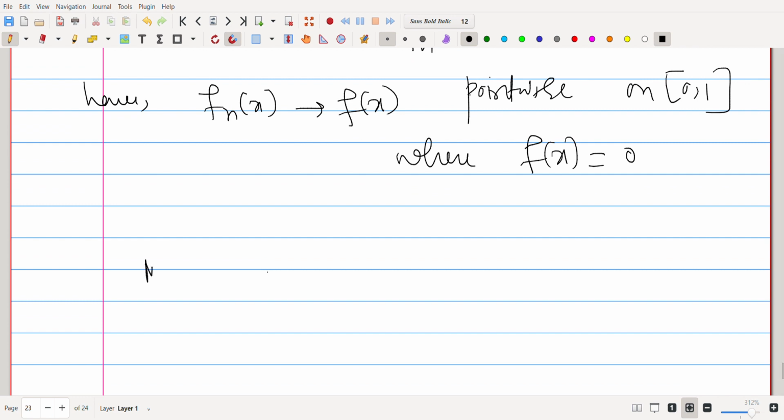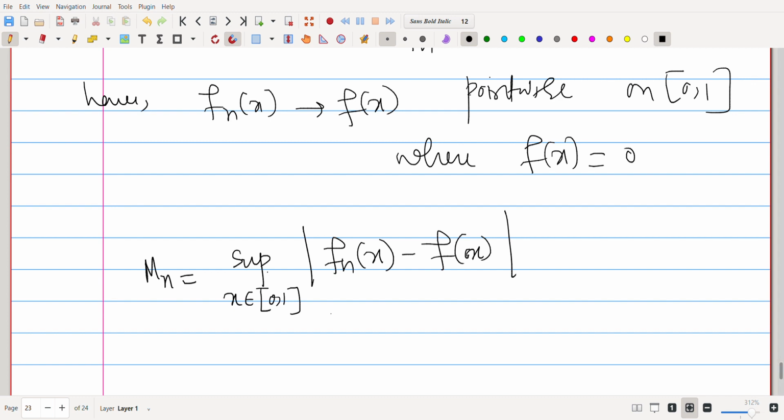Now, whether it is uniformly convergent or not, to show that I can define a sequence M_n, the supremum over x in [0, 1] of the absolute value of f_n(x) minus f(x).